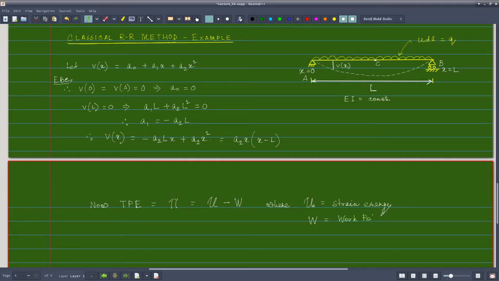That means it is the work done by the external load over the displacement field.